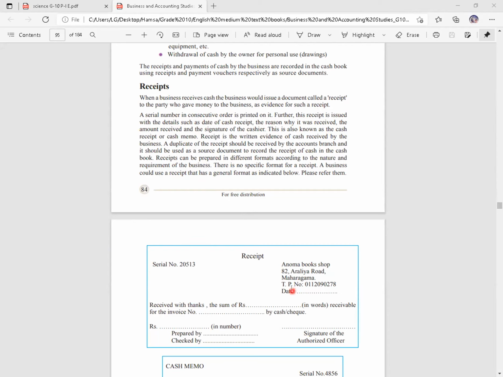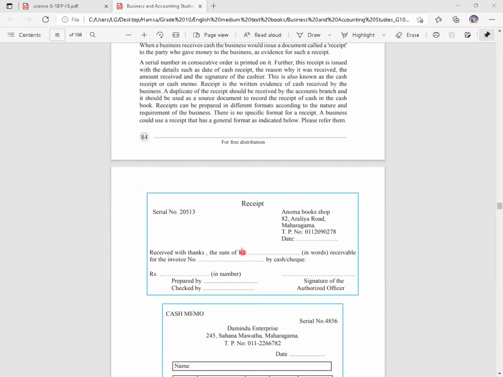There is a space for the date. When did you receive the money? So the date should be mentioned. The reason why it was received: why did you receive that particular amount? The reason should be mentioned.